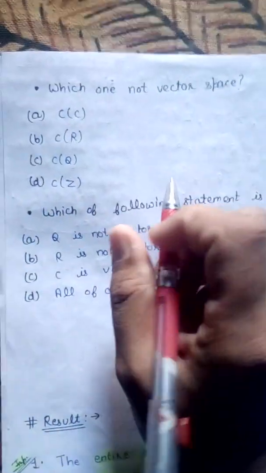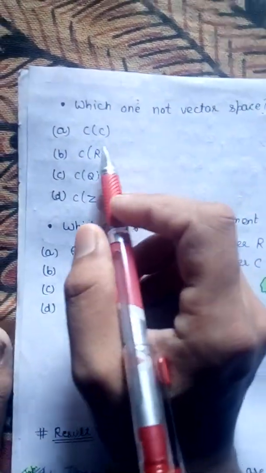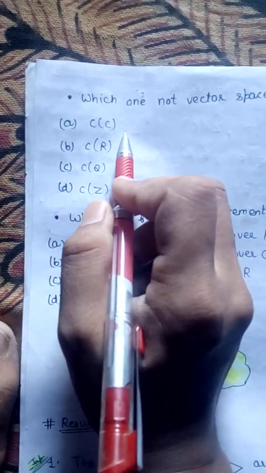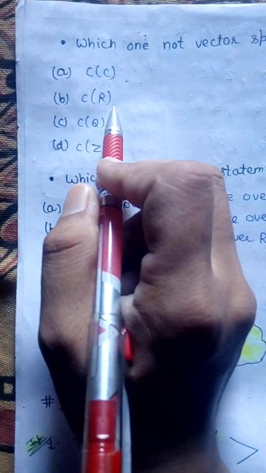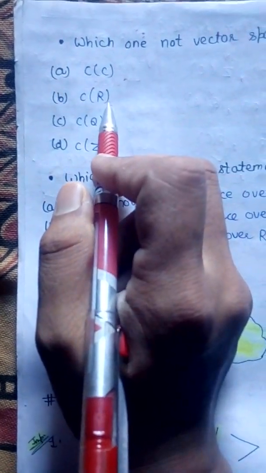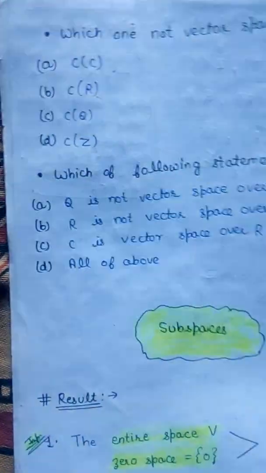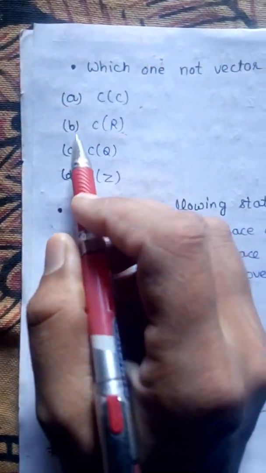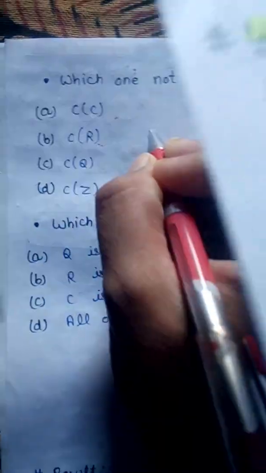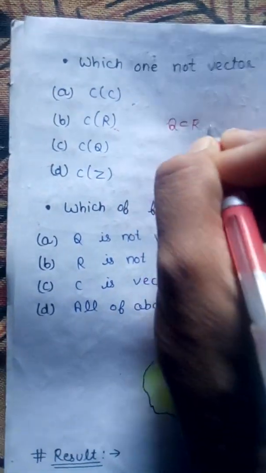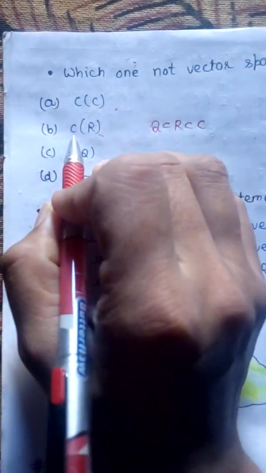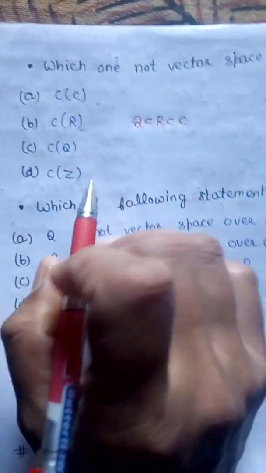Next question: which one is not a vector space? As we discussed, C over C is a vector space, and C over R is a vector space, as we discussed that Q is contained in R and R is contained in C, so a field contains its subfield and it can be a vector space.